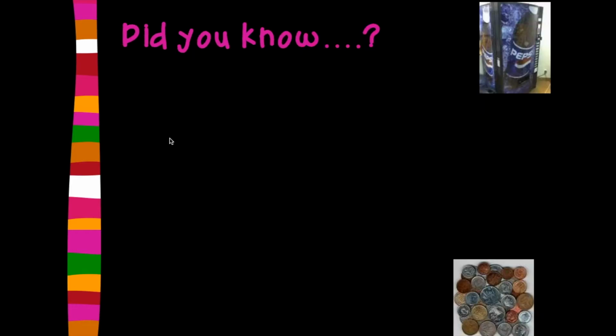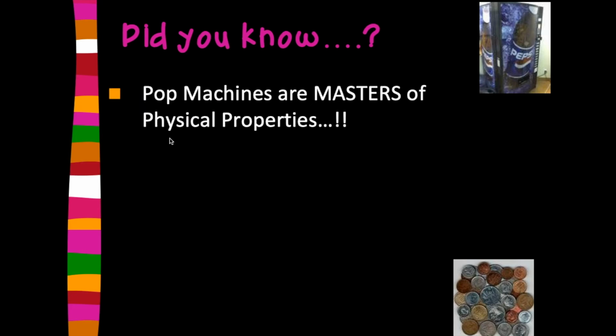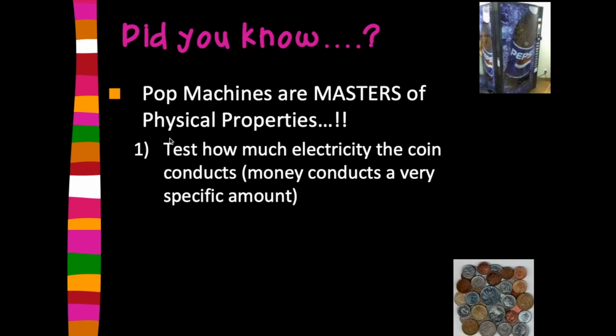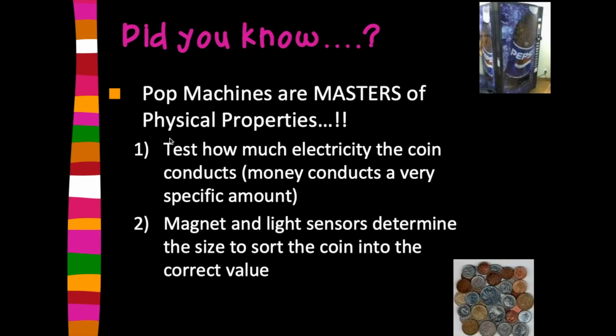One example of physical property, so did you know that a pop machine or a vending machine is actually masters of looking at physical properties? So they test how much electricity a coin conducts because they want to make sure you're not putting in pieces of paper or plastic the same size of a coin to try to fool the machine. So first it tests the coin for conductivity, and then there's magnet and light sensors that determine, oh, this is a certain type of coin.